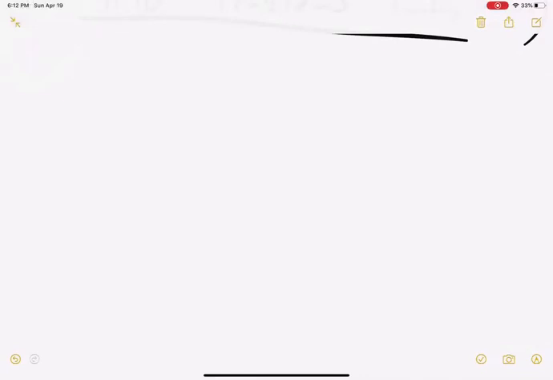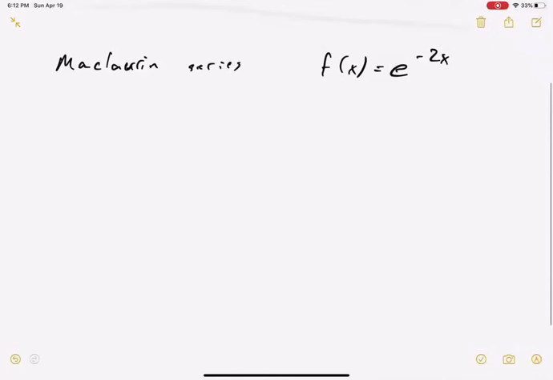So let's consider the Maclaurin series for f of x equals, how about e to the negative 2x? And then let's see, how about radius of convergence as well?